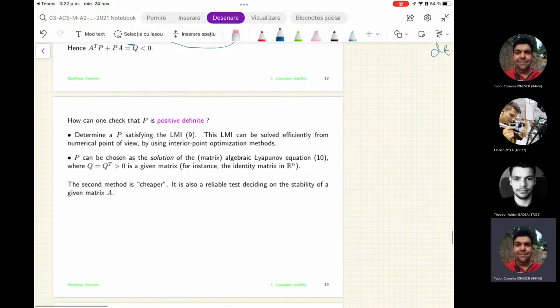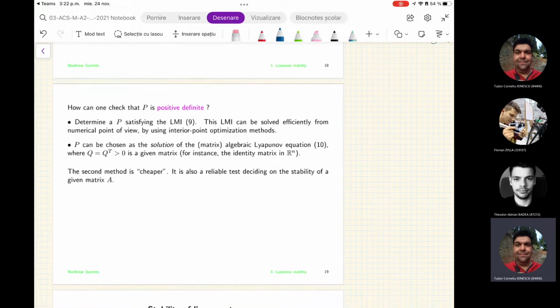P can be chosen as a solution of the matrix algebraic equation, so P can be obtained from solving the Lyapunov equation number 10. The Lyapunov equation has efficient numerical algorithms to be solved. You can study that yourselves. I'm afraid that for very large dimensions of the matrix A, solving the Lyapunov equation is not so easy any longer. But anyway, the second method is cheaper.